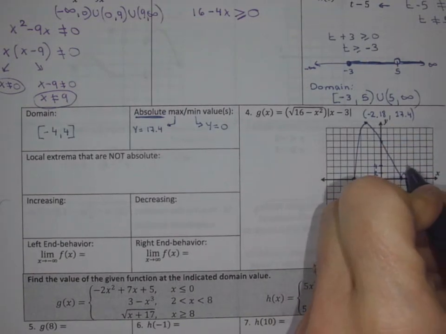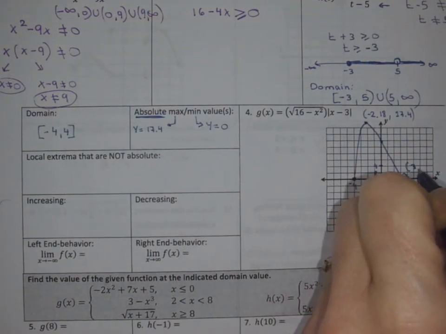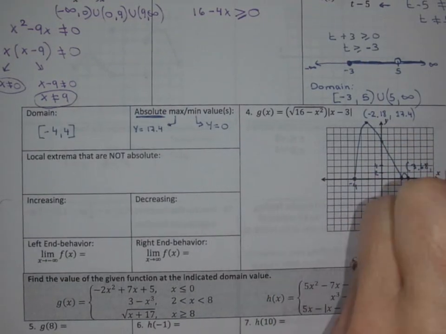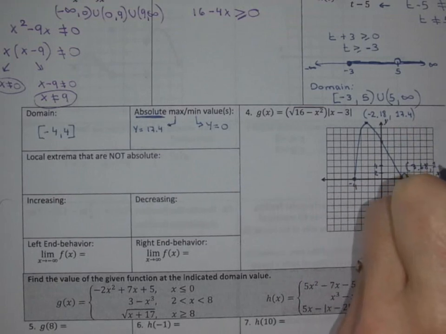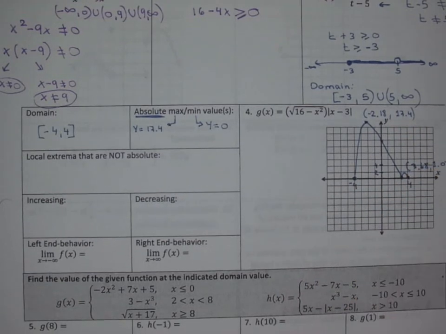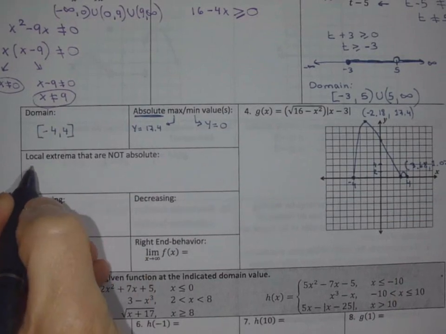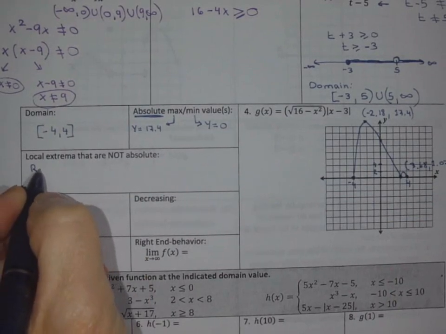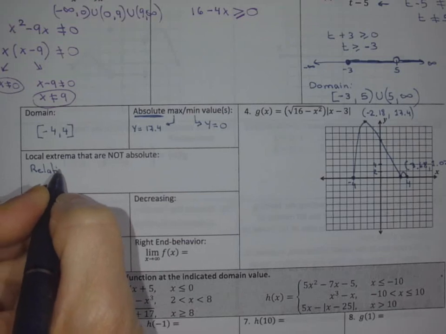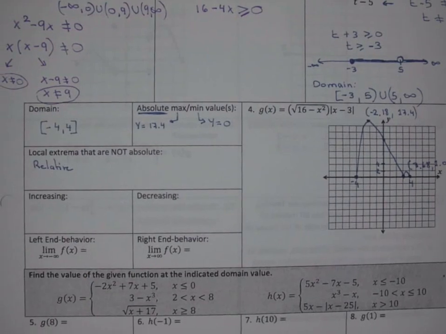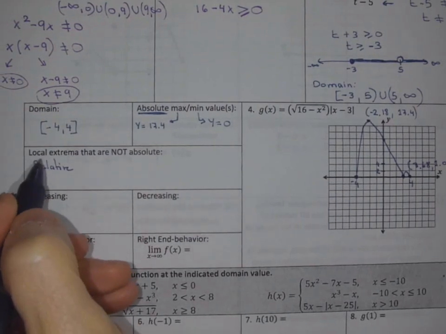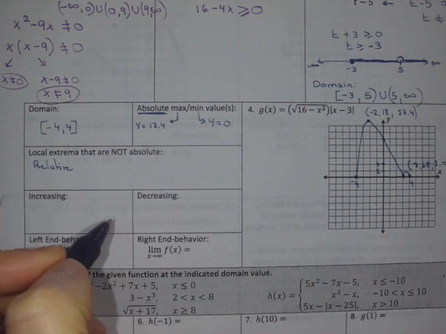So here this will be at 3.68 and it's a y value of 1.07. So my local extrema will be a relative or local, same thing. I'm just using the other word just so you make the connection. Those two mean the same thing, relative and local.